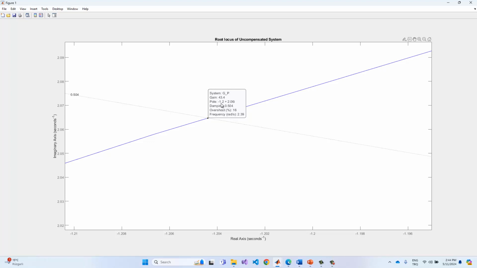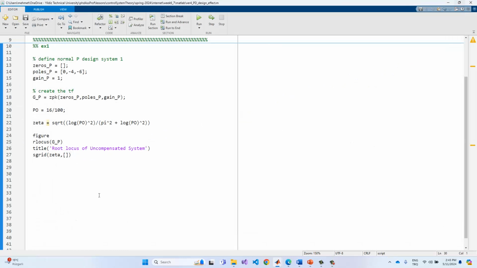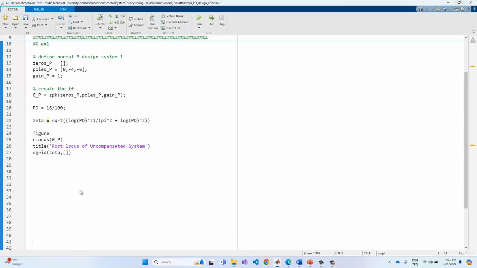The real part of our system is minus 1.2, and the imaginary part is 2.06. In the MATLAB calculation, it's a sensitive calculation, this is equal to minus 1.205. Okay, just see that. And also the gain is 43.4.